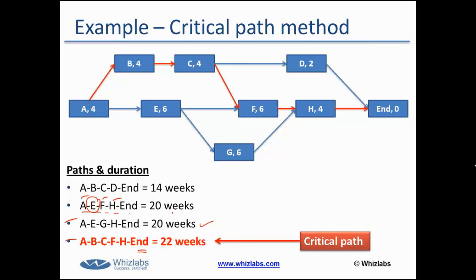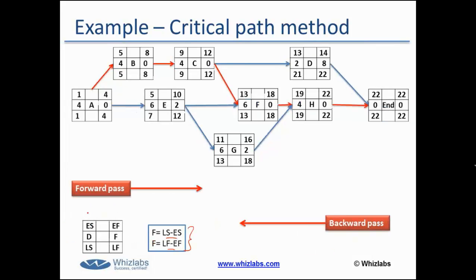Now simply take the difference between this and this, so you would find the float of activity E. But yes, the bookish method of finding out float is using the forward pass and backward pass method, which you should take a look at from a handbook or join another webinar or another session from WizLabs to understand it better.